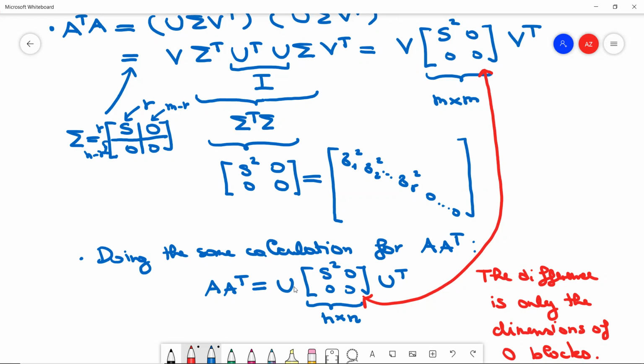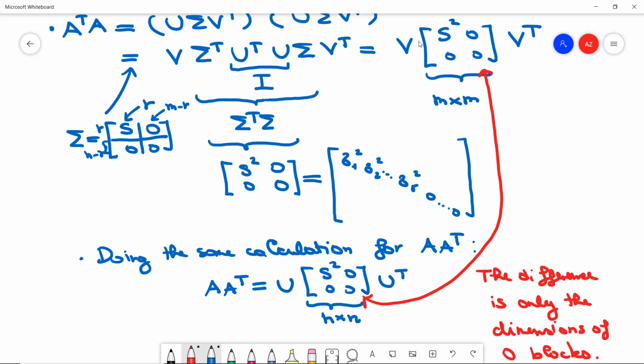The order is important. If two singular values are the same, this means that the eigenspace of the eigenvalue sigma 1 squared is two-dimensional, and there are many choices of two basis vectors for a two-dimensional eigenspace.